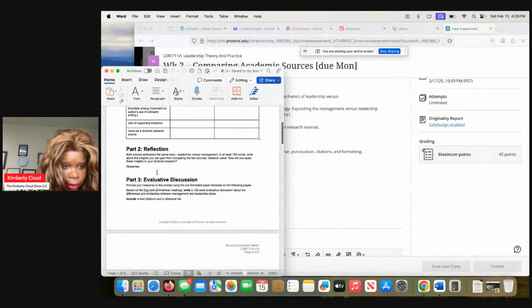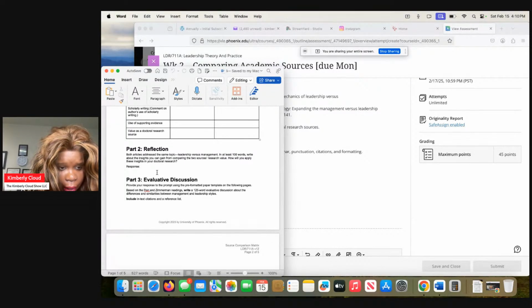What does this say? Both articles address the same topic, leadership versus management. In at least 100 words, write about the insight you can gain from comparing the two sources. Research value.